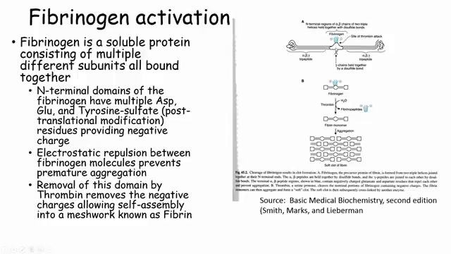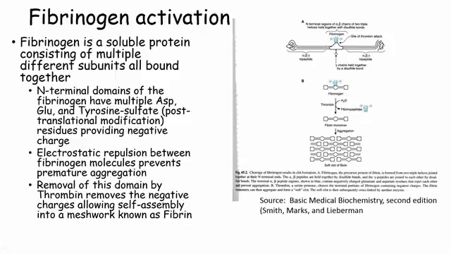Fibrinogen itself is soluble, and the main reason that it's soluble is that on the N-terminal tails of these 3 polypeptides, really 6 polypeptides that are coming together, there are lots of negative charges.